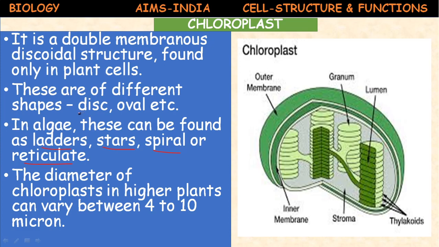But basically in higher plants, it is disc shape or oval shape. The diameter of chloroplast in higher plants is 4 to 10 microns.